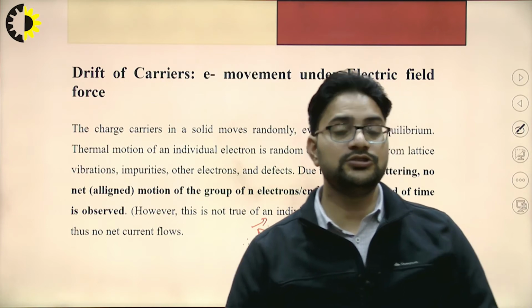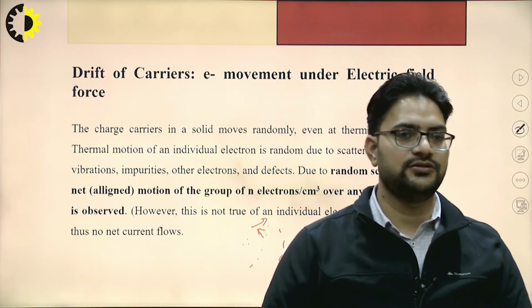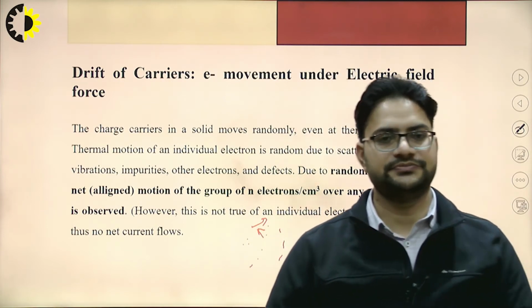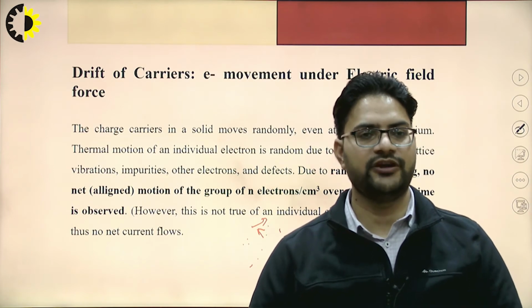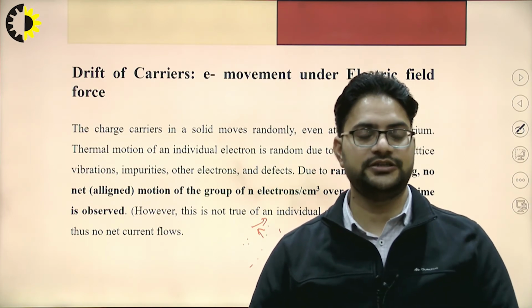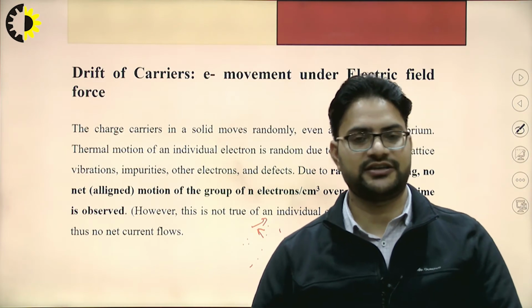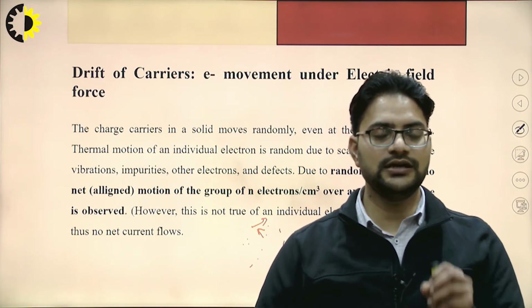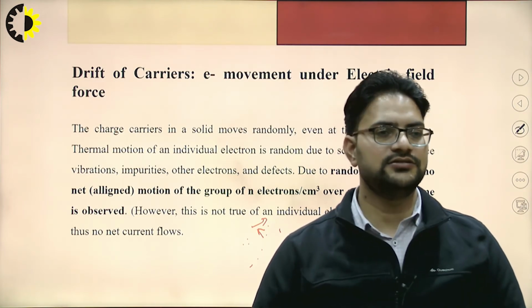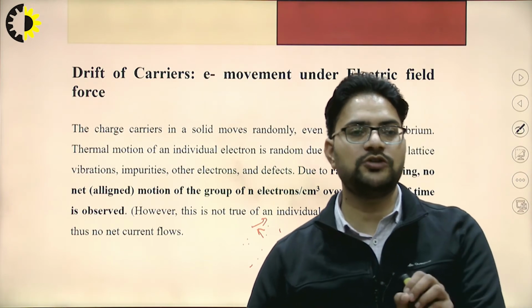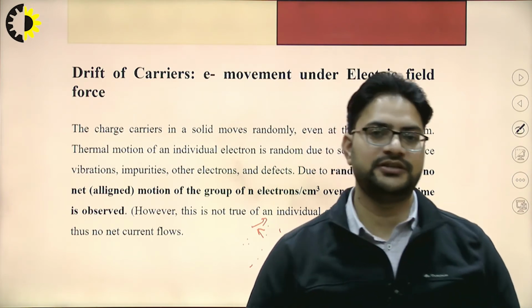This is due to the scattering of the lattice vibration, and the impurity and the defect, right? So due to the random scattering, no net motion of the group of n electrons will be there.